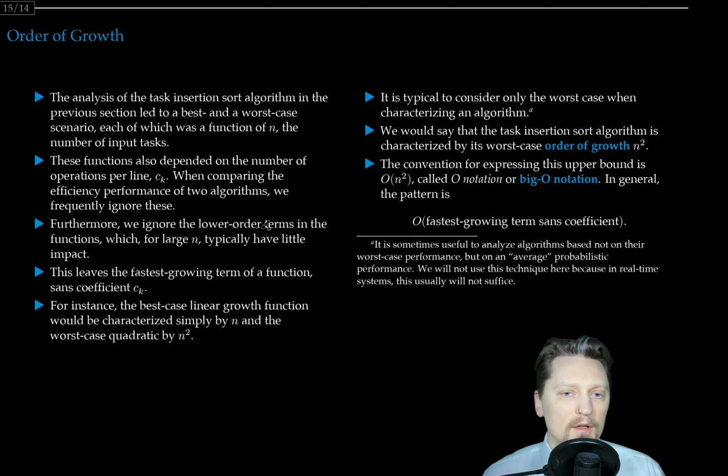Furthermore, we ignore the lower order terms in the function, which for large n typically have little impact. This leaves the fastest growing term of a function sans, or without, coefficient ck. For instance, the best case linear growth function would be characterized simply by n, and the worst case quadratic by n squared.